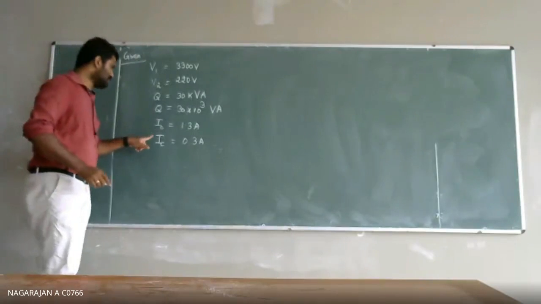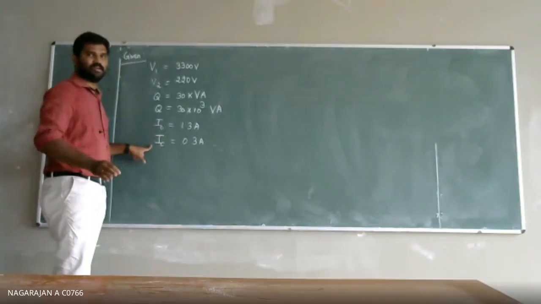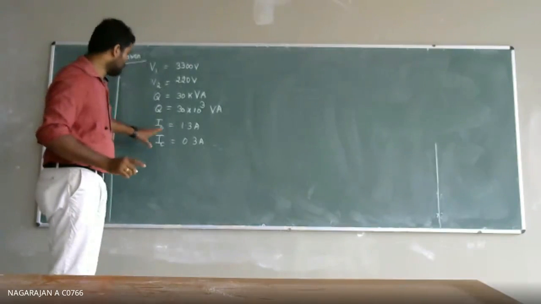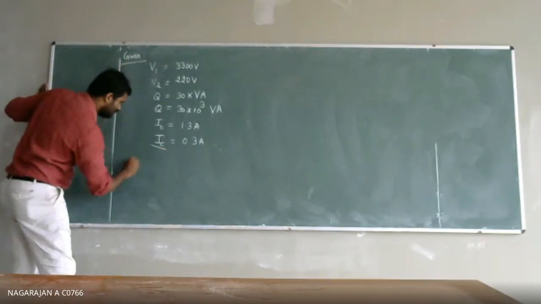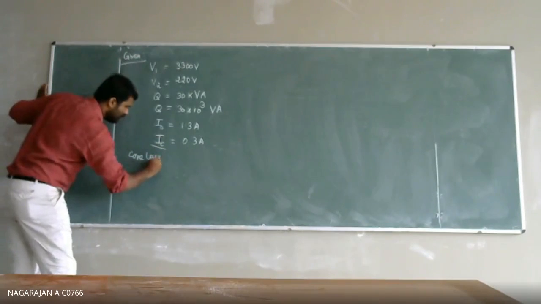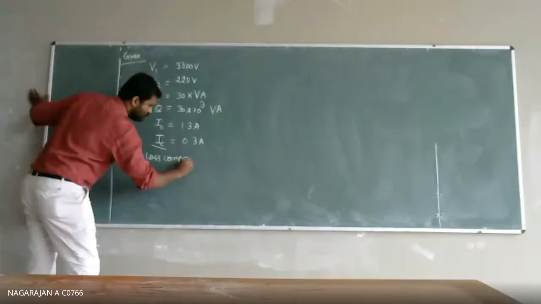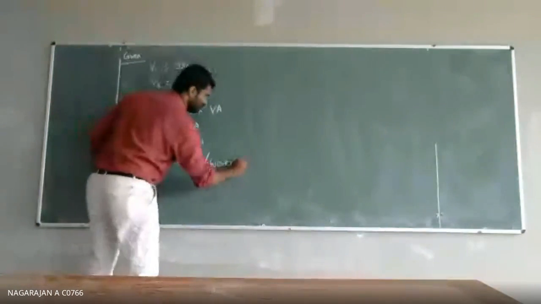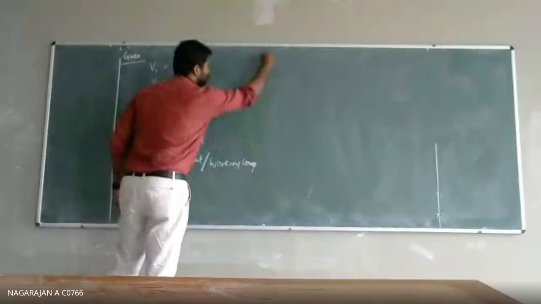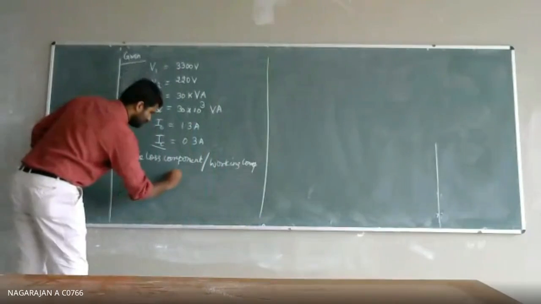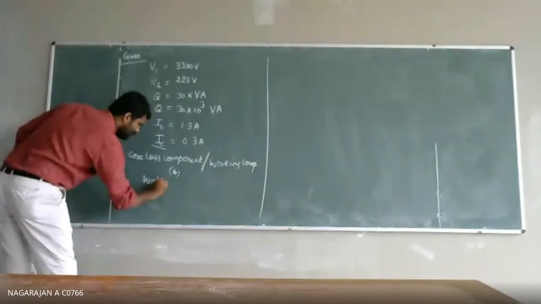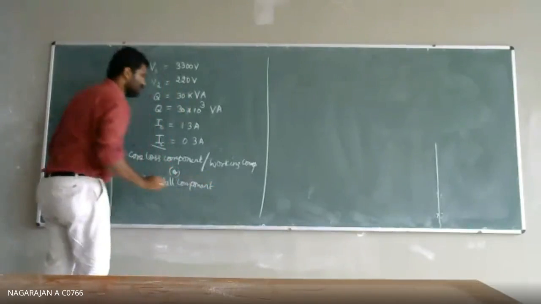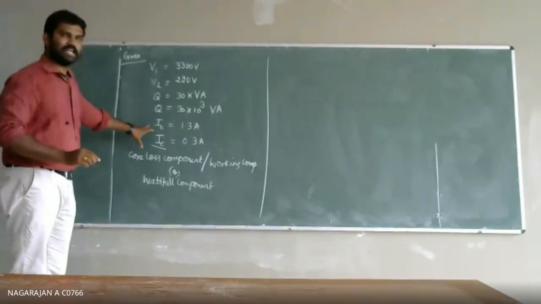They have mentioned this current IC as the working component or core loss component. I told you they will be giving it with a different name. Once again, I repeat: this is called the core loss component, or working component, or wattful component. This may confuse you.